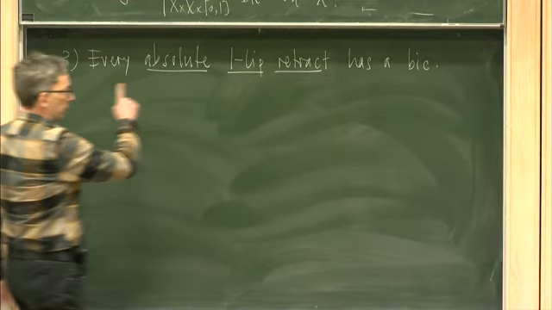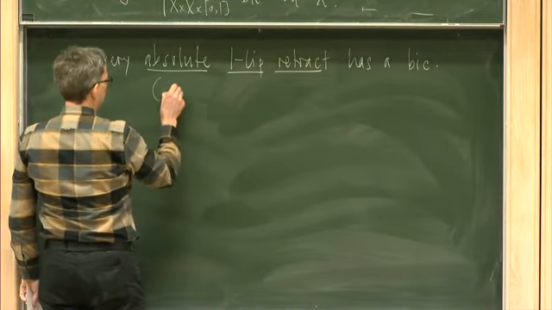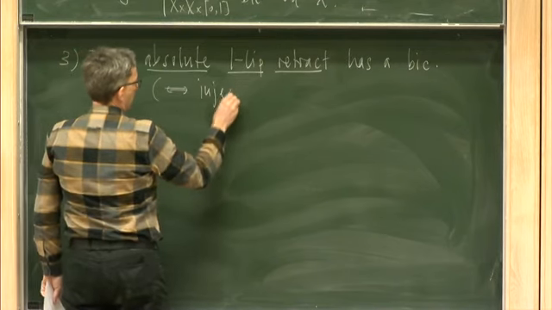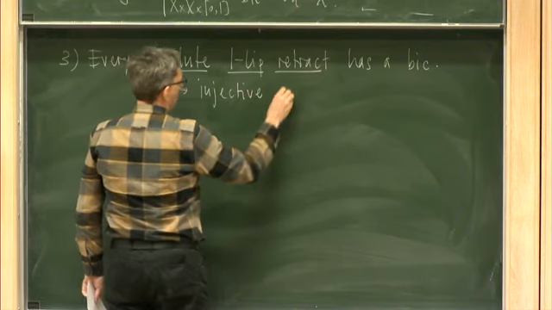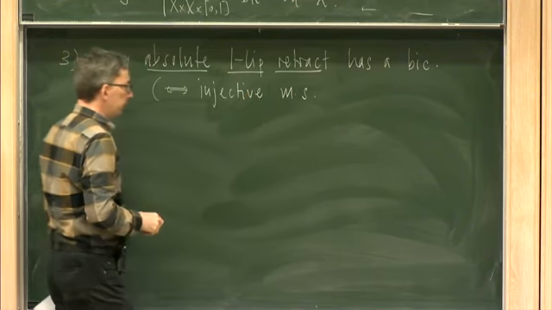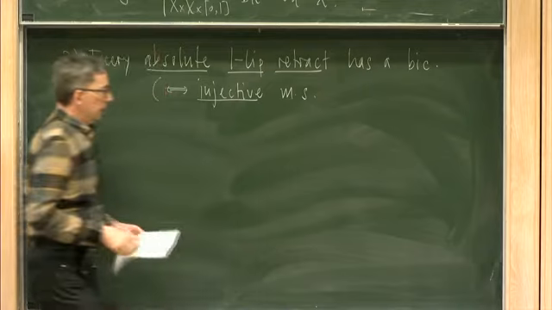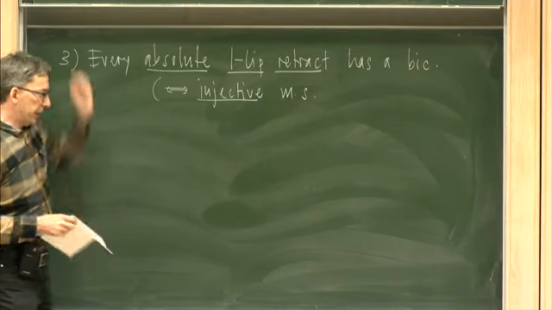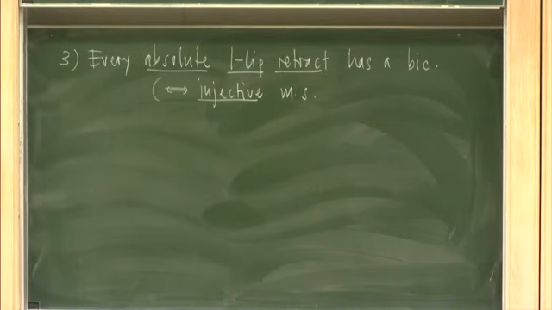Now, absolute one Lipschitz retracts are the same as injective metric spaces. And I will use this term. So what's an injective metric space? Well, it's called injective because it's an injective object in the category of metric spaces and one Lipschitz maps.